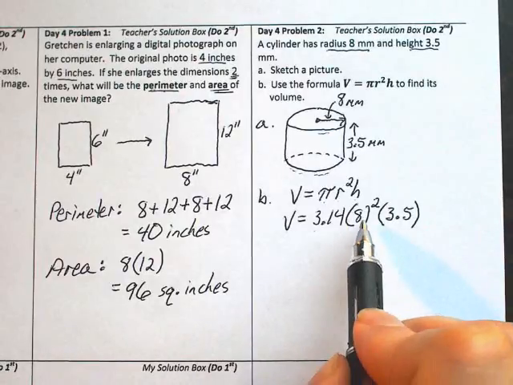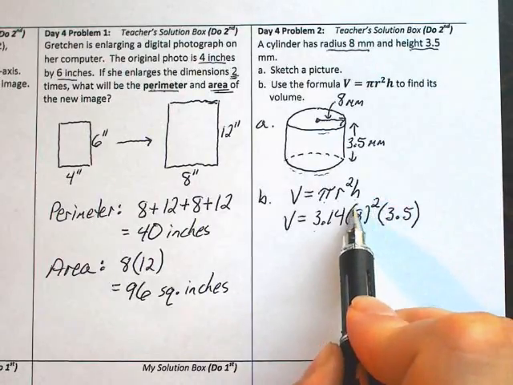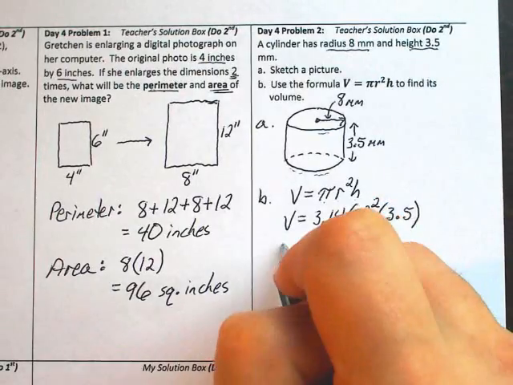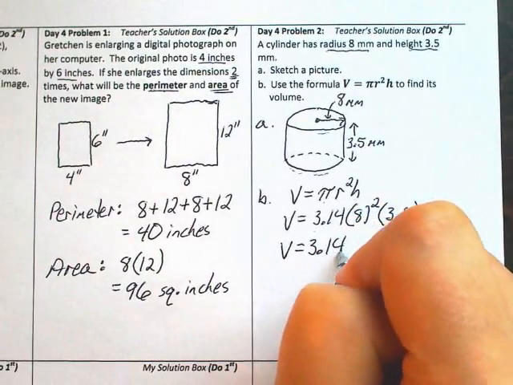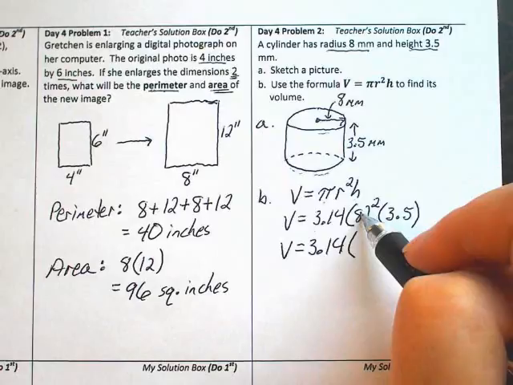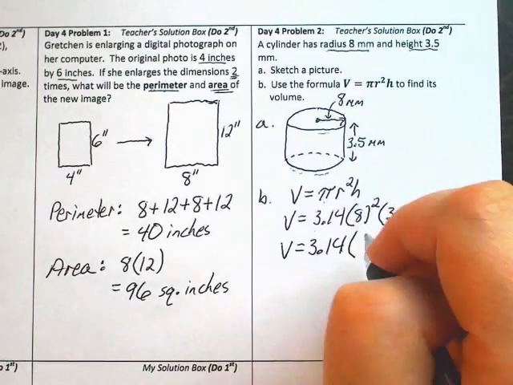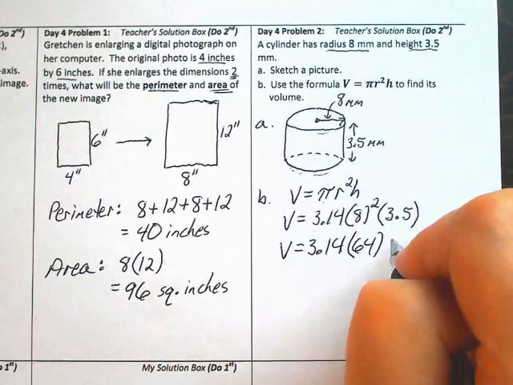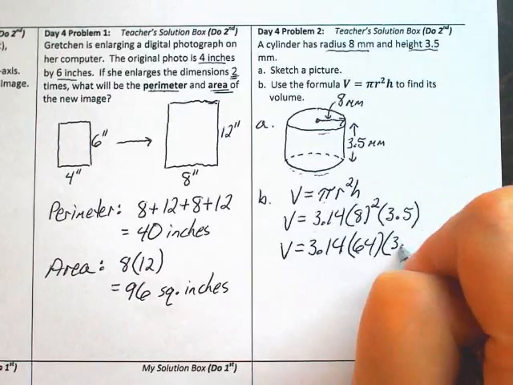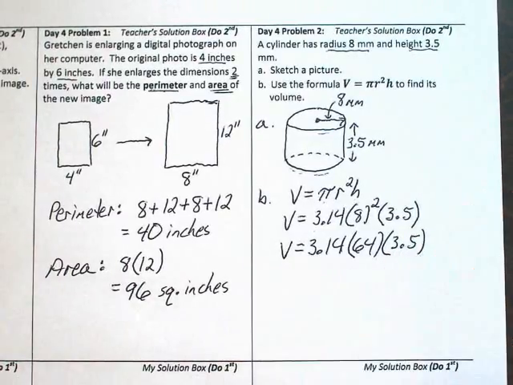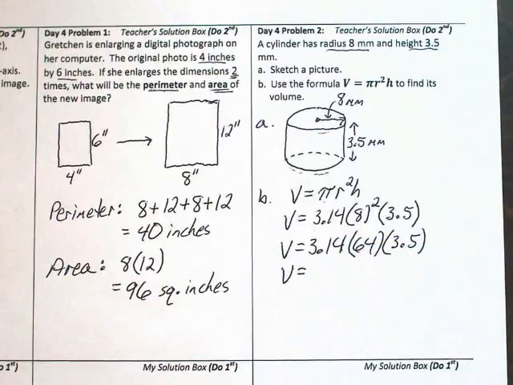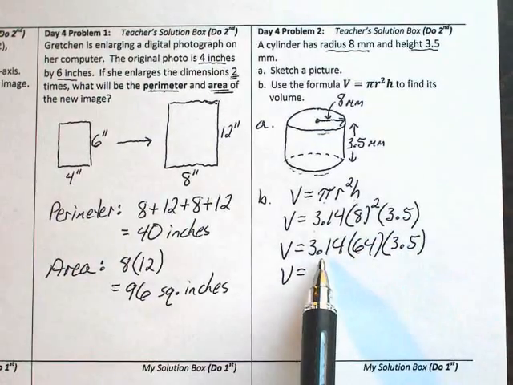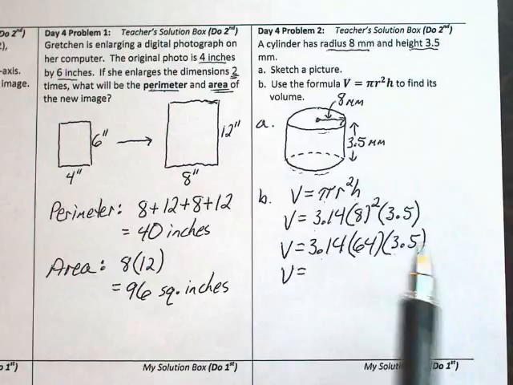Let's start doing that and handle the exponent first. So V equals 3.14 times 8 squared is 64, and then times 3.5. And then V equals, and we need to multiply these three numbers together.